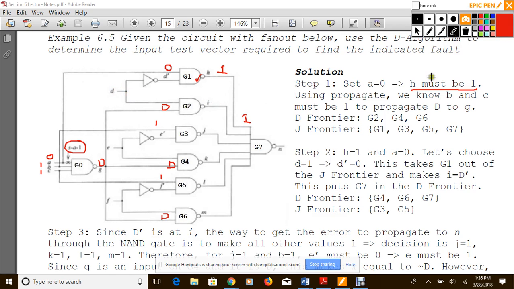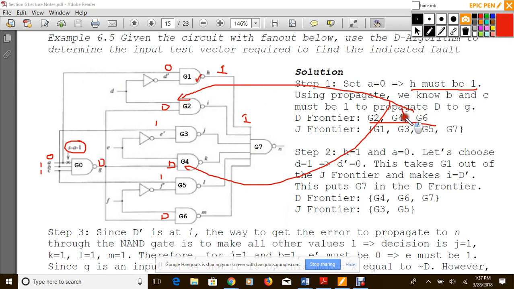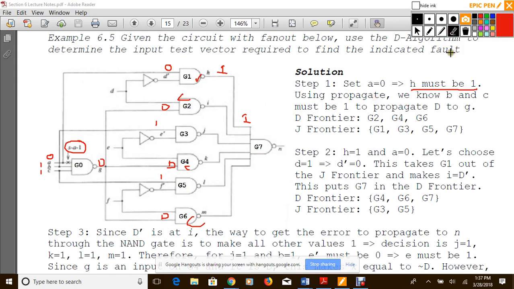So because of that, we have G2, G4, and G6 here in the D frontier, because we don't know yet. And we have G1, where we still have X here, G5, and G7. They are still undefined, so they're on our J frontier.